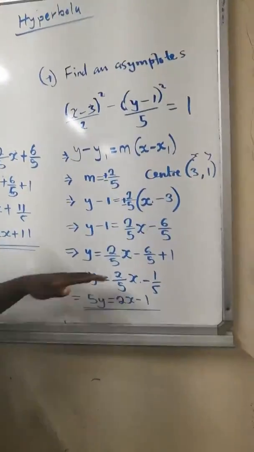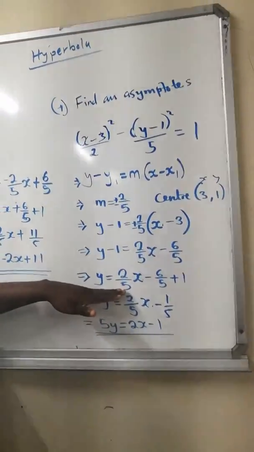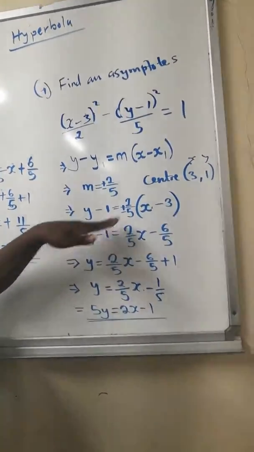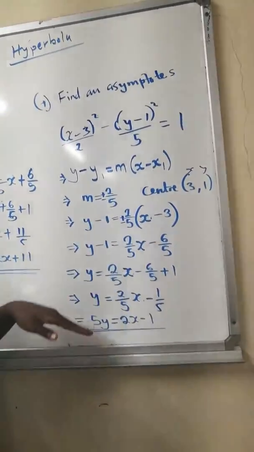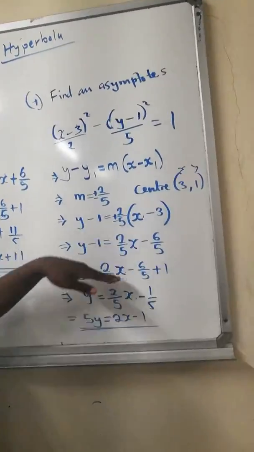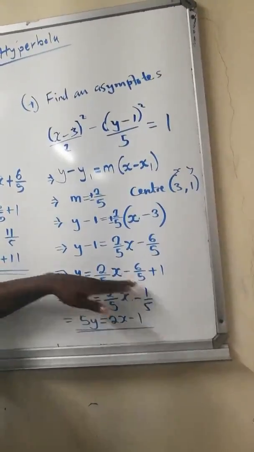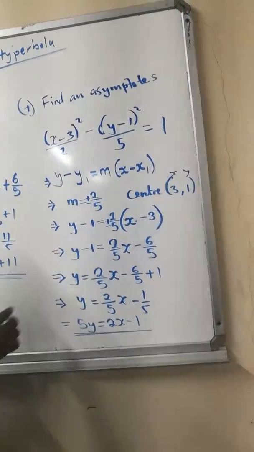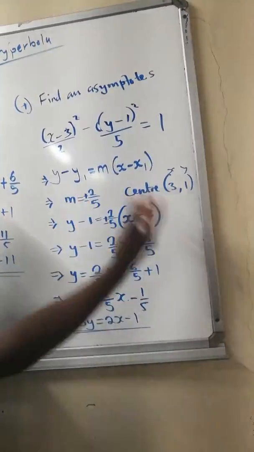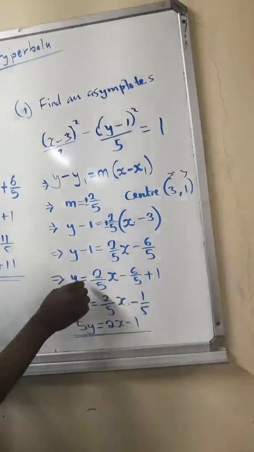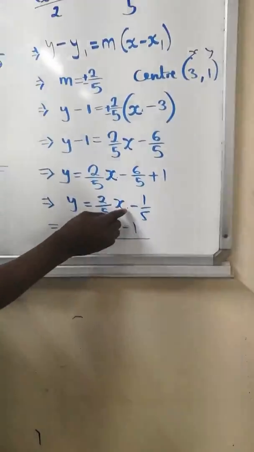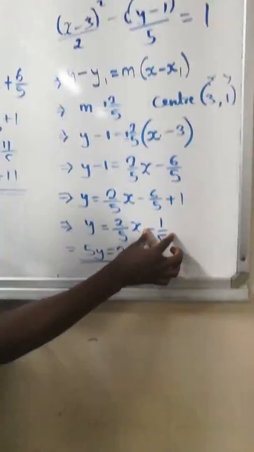When you reach here, you collect like terms together. We remain with y on this side and everything else goes to the other side. It was -1, it has come here, it's now +1. When we add here, it will give us this value.